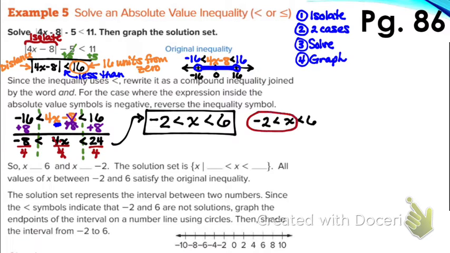Look at just this part. Ignore that 6 for a minute. Which one's bigger, the x or the negative 2? X is the bigger thing. So x is bigger than negative 2. What about over here? Ignore this part for a little bit. Which one's bigger, the x or the 6? 6 is bigger.